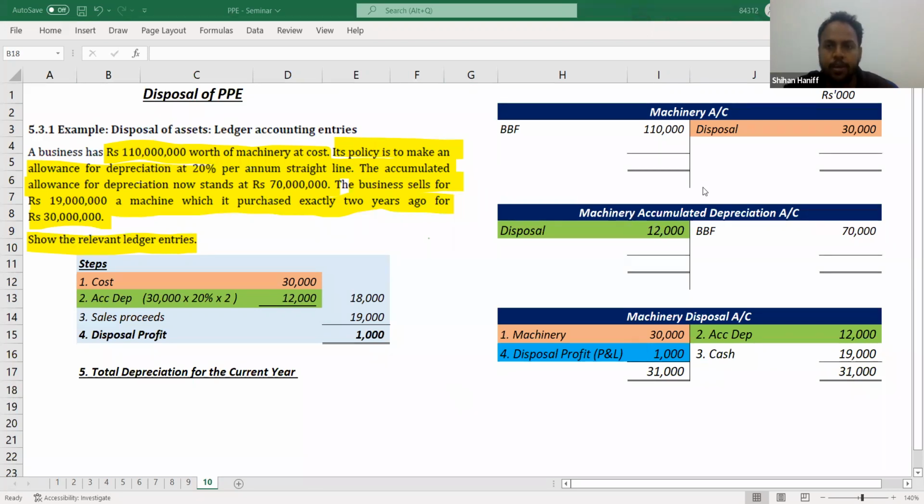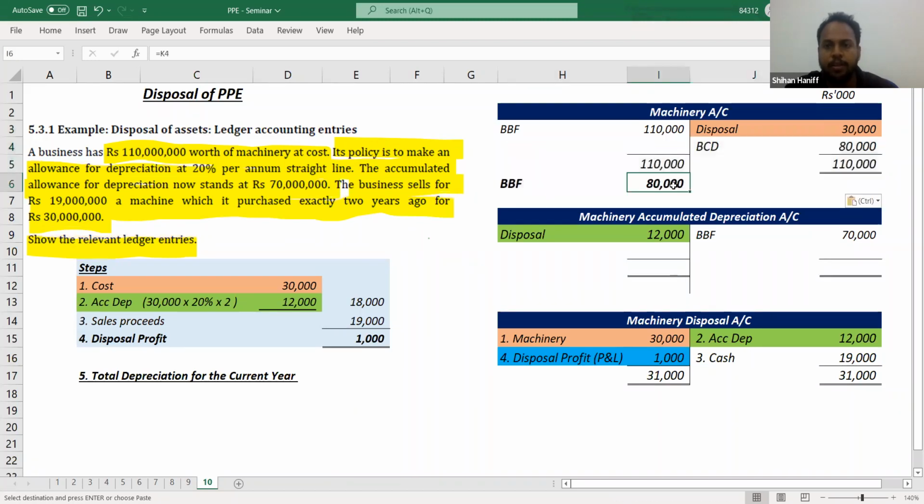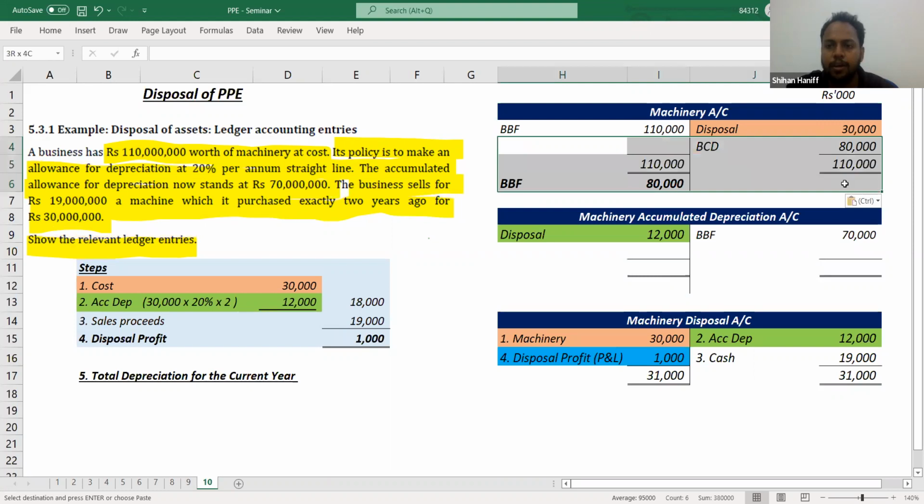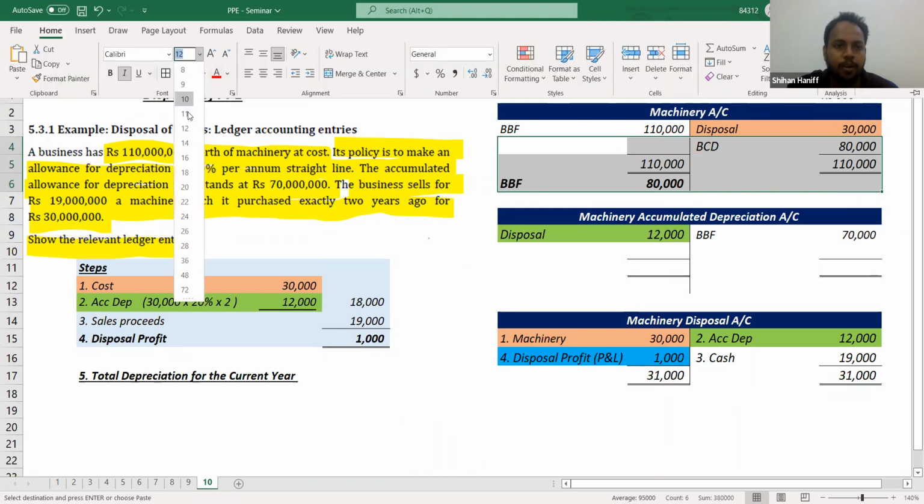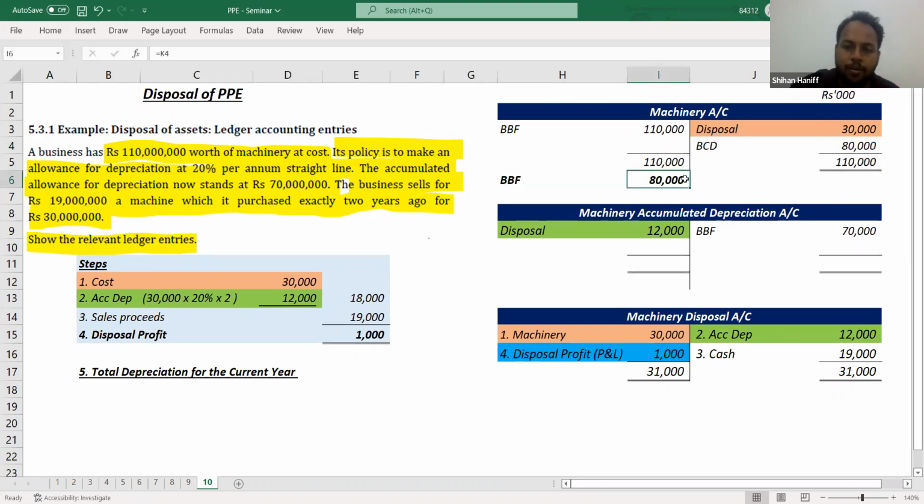So for the current year we need to take the remaining machineries. It was 110 minus 30, so the remaining machineries are 80,000. We assume that the disposal was done at the beginning. So remaining machines 80,000 into 20%. How much?